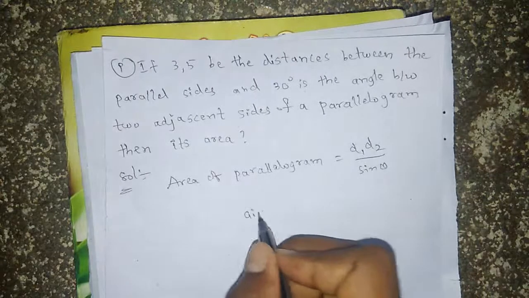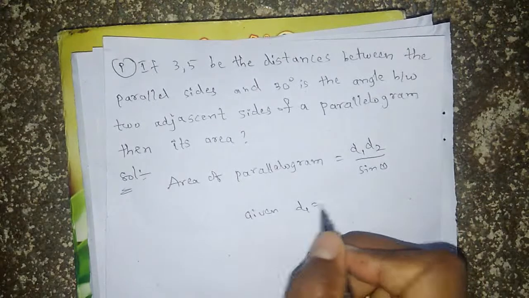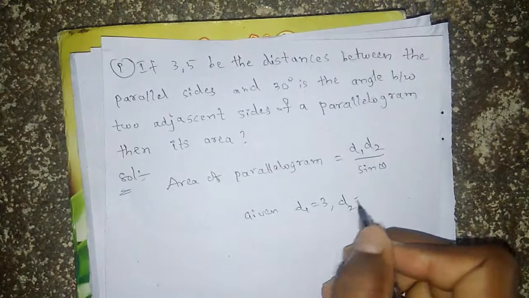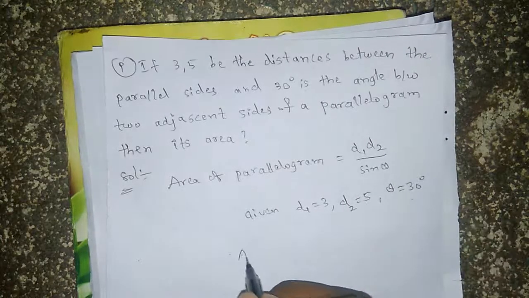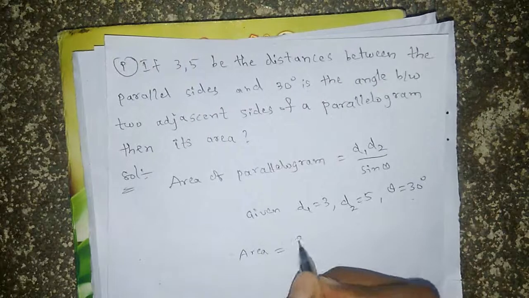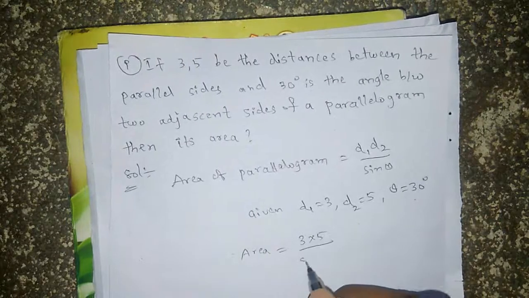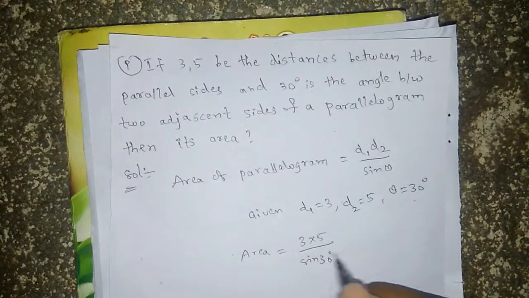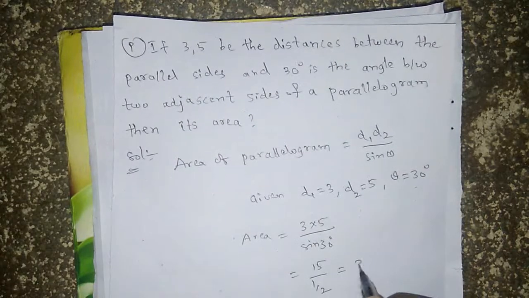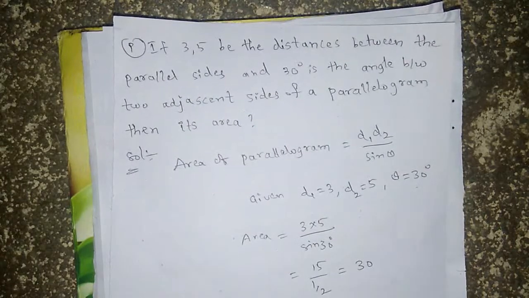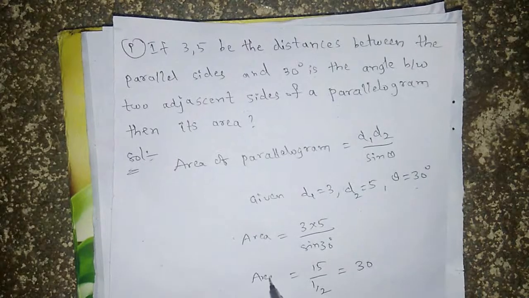Here given d1 is equal to 3, d2 is equal to 5, theta is equal to 30 degrees. Therefore area is equal to 3 into 5 by sine 30 degrees, that is 15 by 1 by 2, that is 30 square units is the area of the parallelogram.